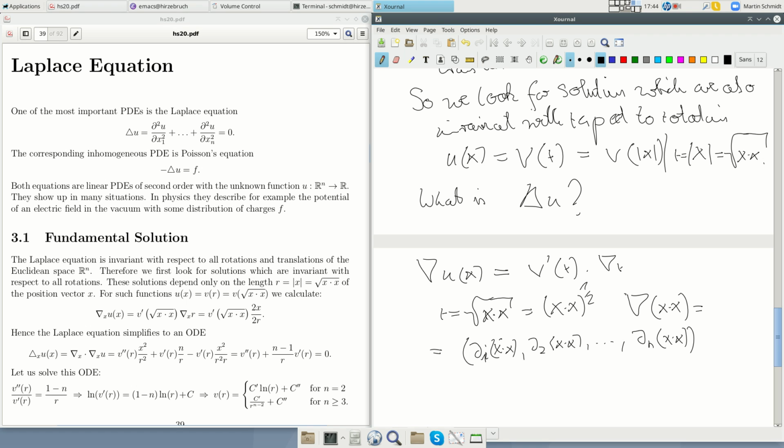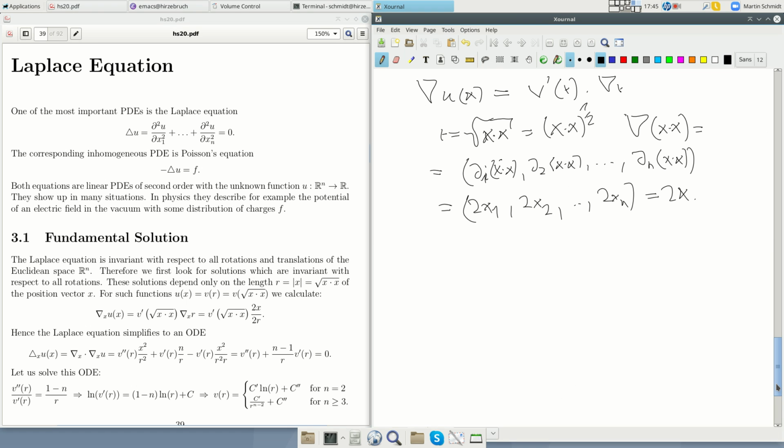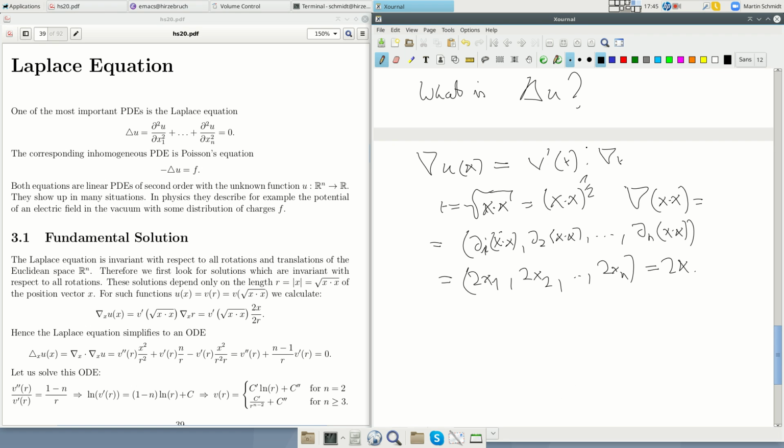And x times x is, of course, the sum over the squares. So here we get 2 times x_1, 2 times x_2, and 2 times x_n. So this is just 2 times x. Okay, this is the inner function. I do it now very explicitly. And what is the outer function?